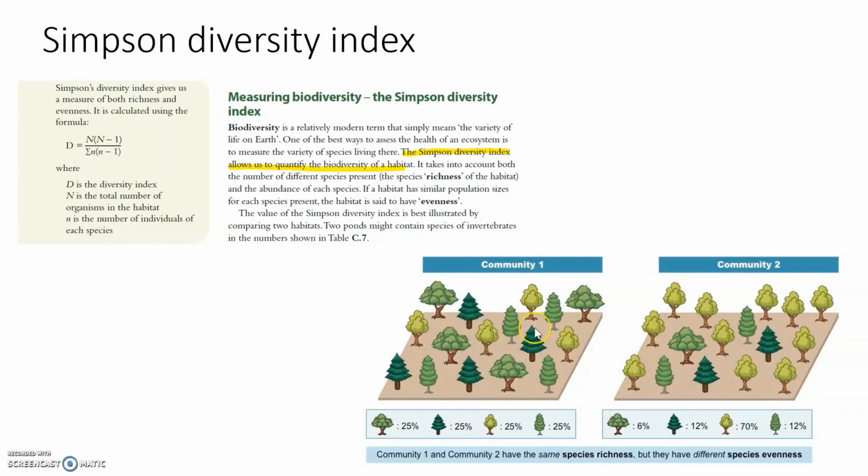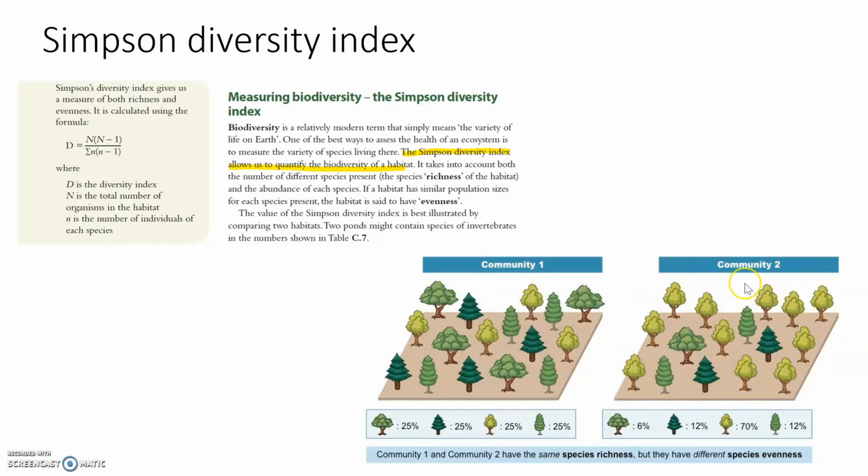But that's where the concept of evenness comes in. The species richness tells us something about the number of species in each habitat, but the evenness tells us about the distribution or the frequency of the different species. If we take that into account, then we would end up figuring out that this one actually has a higher level of biodiversity, because the species are more evenly distributed, compared to the other, where this species is a very dominant species, perhaps eventually outcompeting some of the others.